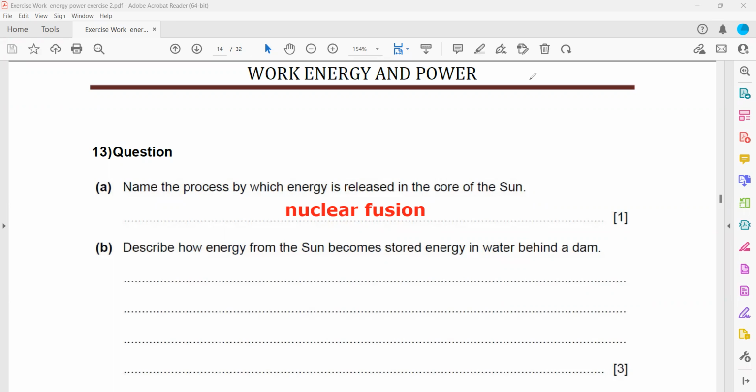You have the solar energy, which is the heat and the light energy from the sun. Like this is our sun. So heat and light energy from the sun evaporates this water.